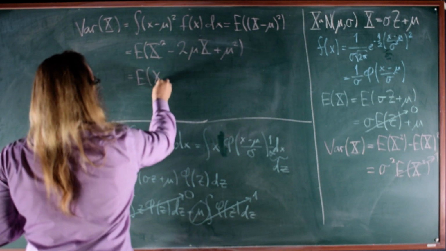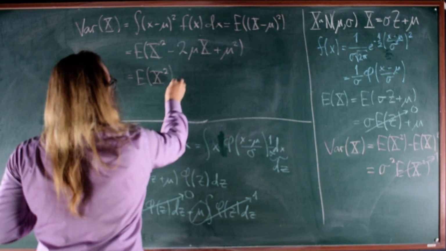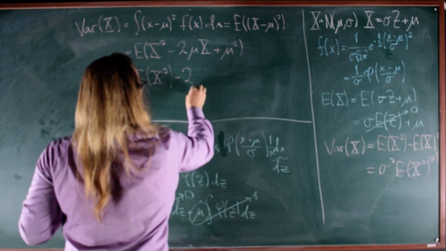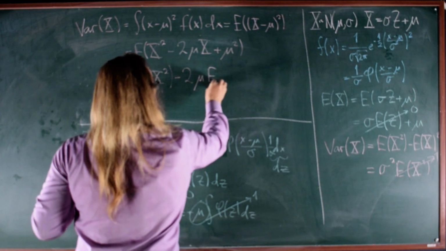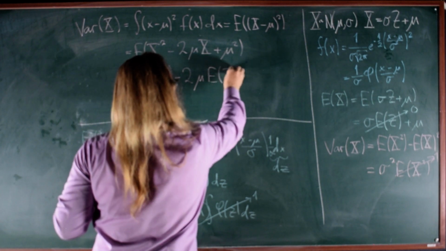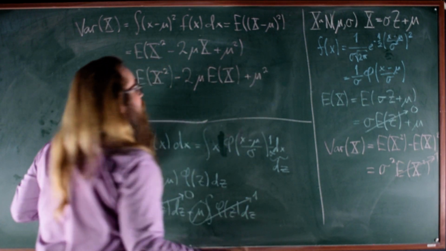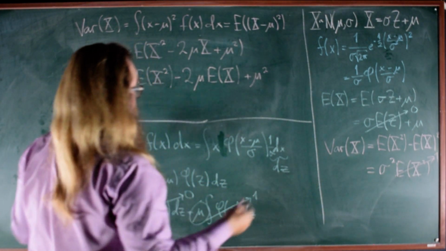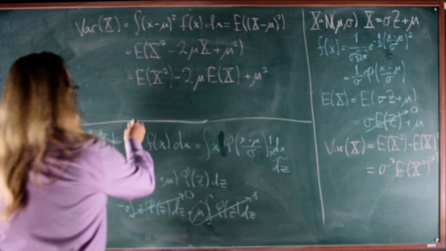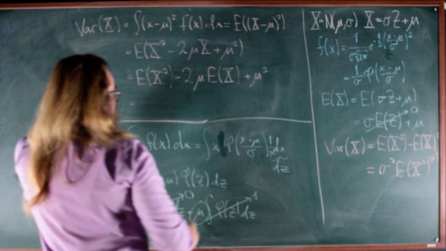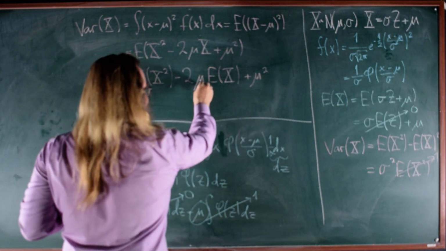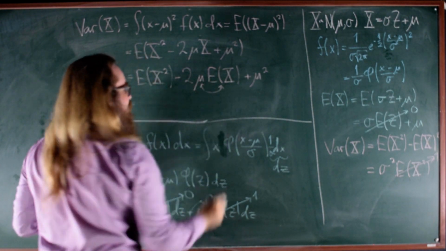This is the expected value of x squared minus 2 times mu times the expected value of x plus mu squared. The expected value of a constant is the constant itself. Mu is the expected value. This and this, it's the same thing.